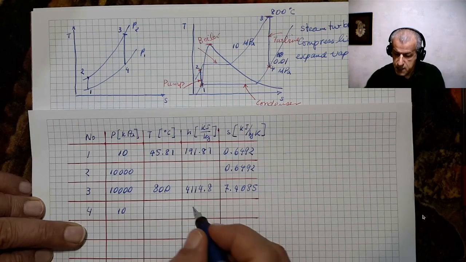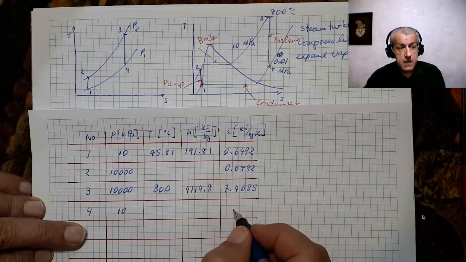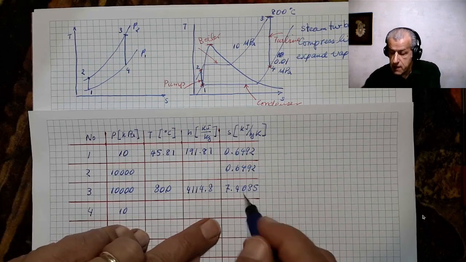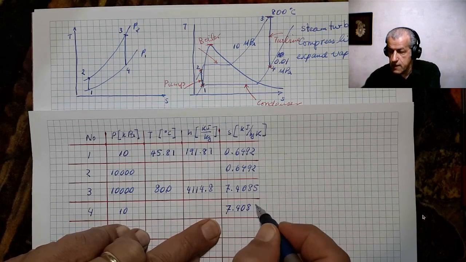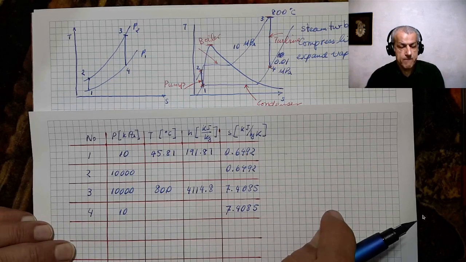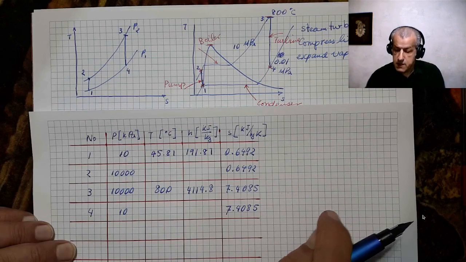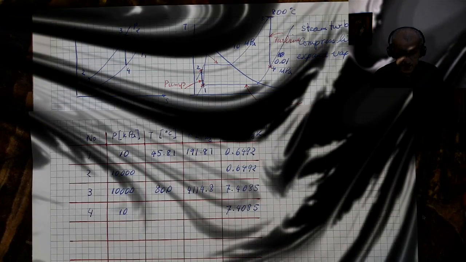We don't know the temperature, and therefore we don't know the enthalpy, but we know that for the ideal Rankine cycle, process 3-4 is isentropic, and therefore entropy is 7.4085 kilojoules per kilogram Kelvin. We now have to calculate the rest of these properties to fill in this table.